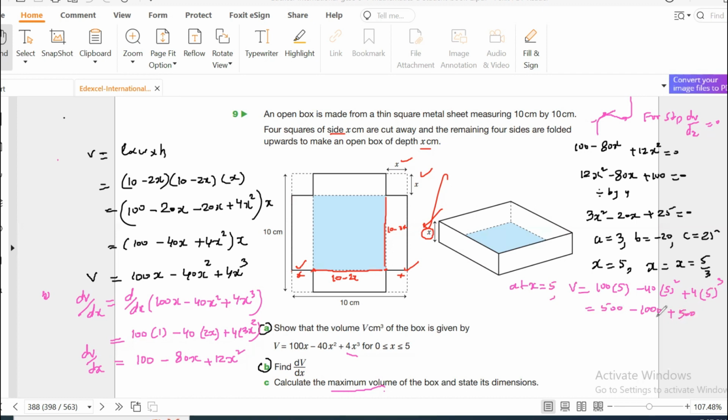So 500 minus 1000 plus 1000 cancels to 0. This does not make sense, but anyway, we write that at 5 we have 0. It does not look like a maximum.